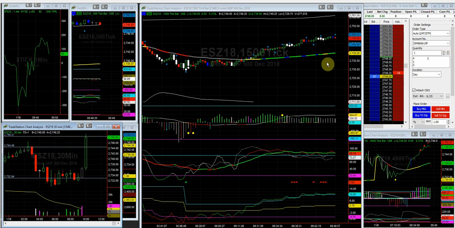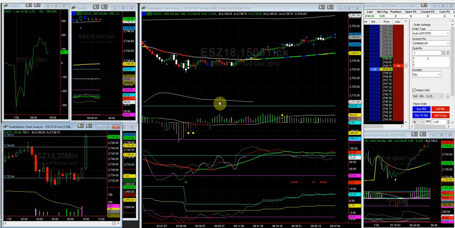Here we get some timing alert dots to the downside. They're far from the contrarian bands, though. These are where you could take contrarian or counter trend trades. So they're far above that. This is kind of like in that middle ground, halfway between the contrarian bands and the VWAP line.